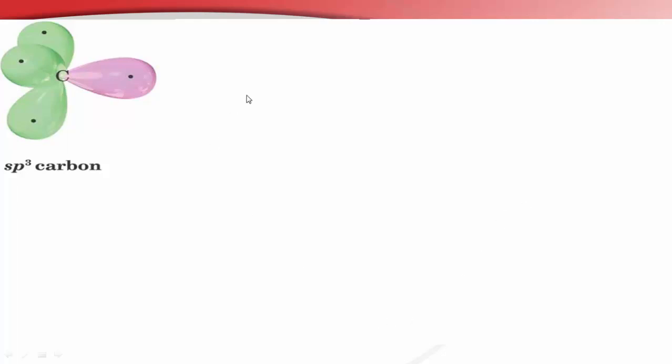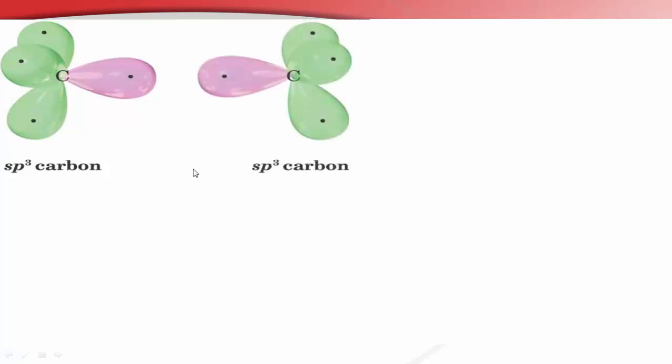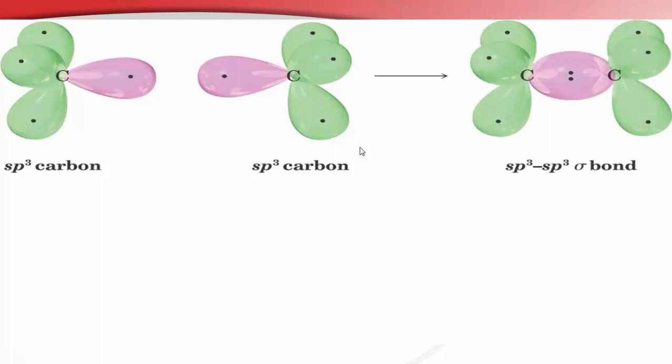So if we take our sp3 hybridized carbon, and this construct is more of a mental construct than anything else, we wouldn't see bonding like this normally. The bond would not form in this precise way. But if we have the sp3 hybridized carbon coming into proximity with a second sp3 hybridized carbon, we can see the overlap of these unpaired electrons here.